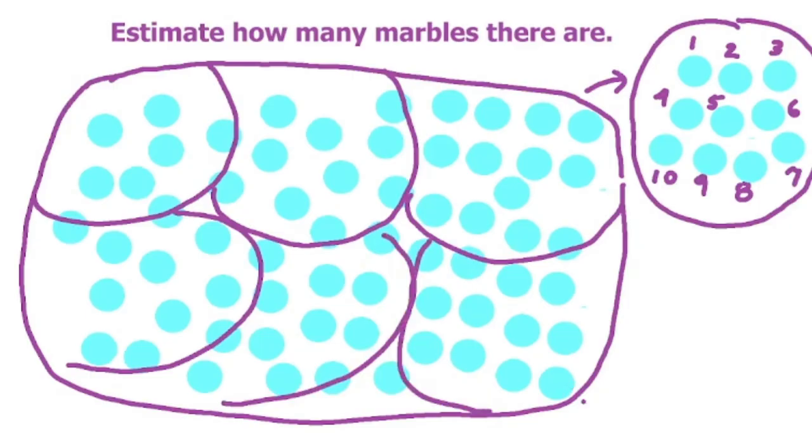So to me, it looks like this big batch of marbles is made up of 60 marbles. There's about 60 marbles in here. There might be a little bit more, there might be a little bit less, but we're just trying to find an estimate. And that is how you do estimating.